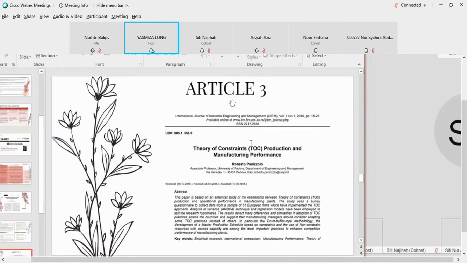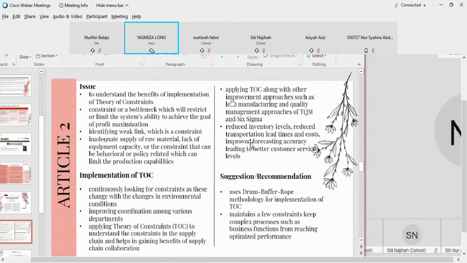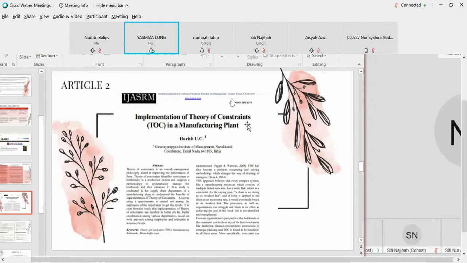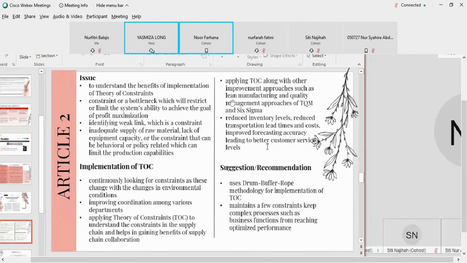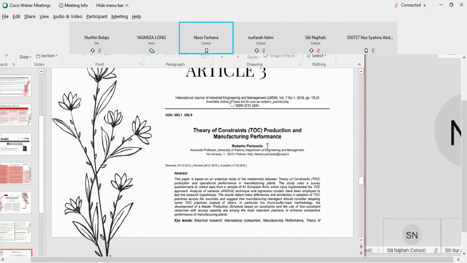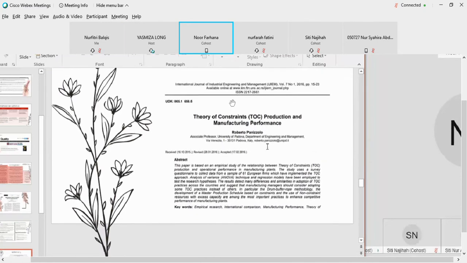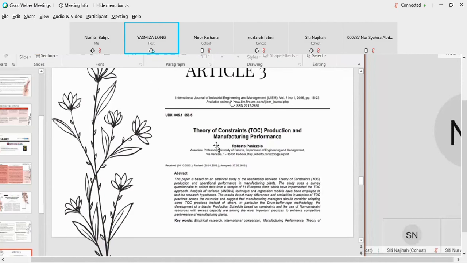And then the finding. Article 3 has a finding for article 2.